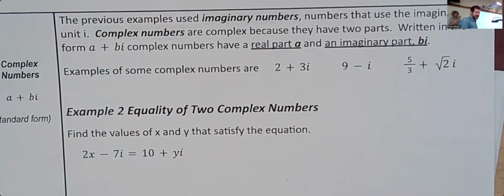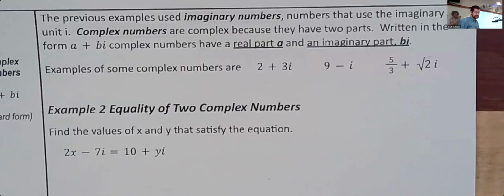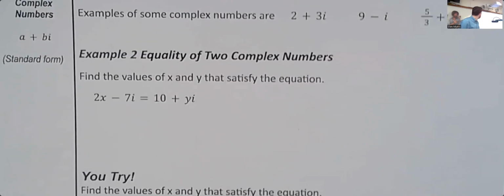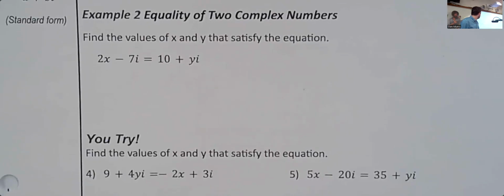Next thing we've got here, find the values of x and y that satisfy the equation. So now we are looking for two numbers, x and y, that work with this. It's going to be a little bit weird.